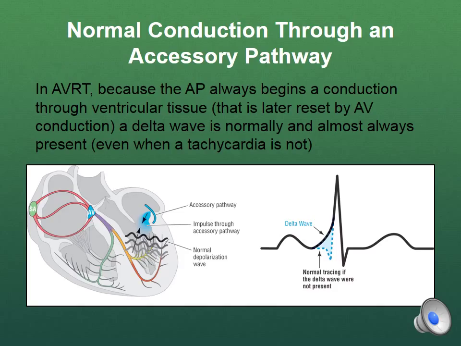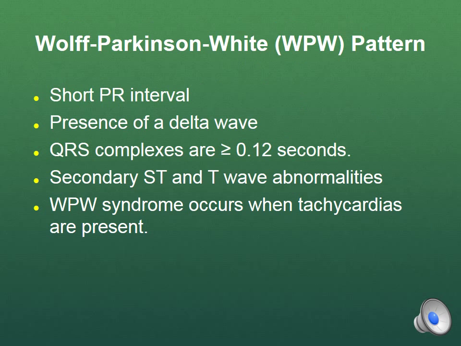So this is a distinguishing characteristic that we're going to see in people with diseases such as Wolff-Parkinson-White, LGL, etc. Here we have an example of an accessory pathway in the wall of the left ventricle and left atria. There's an impulse that goes through that pathway, but it's canceled out by the ventricular conduction. But when that impulse is not canceled out, that's when an AVRT reentry circuit is created. And we'll talk about one of those rhythms where this happens.